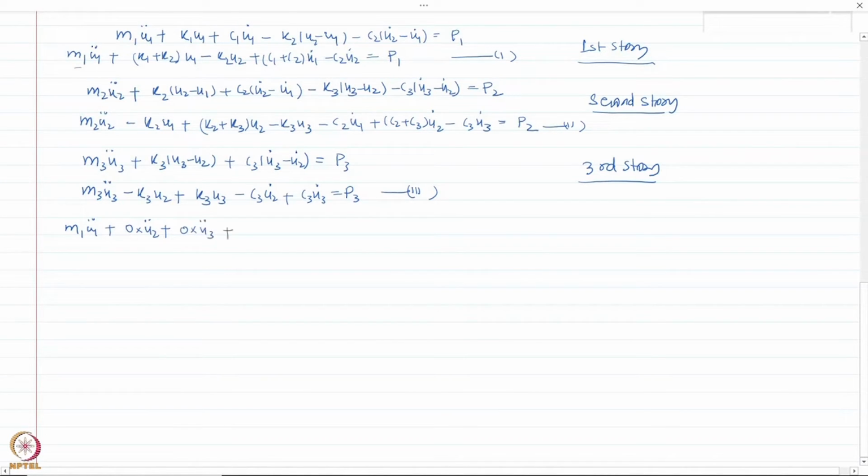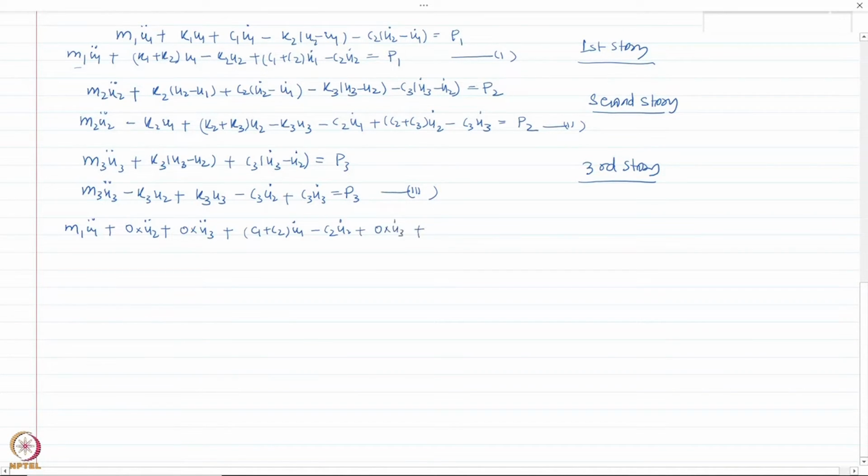Plus, let us first write the damping term, because conventionally we write the damping term before the stiffness terms. In terms of damping, we have C1 plus C2 times u1 dot, and then the coefficient of u2 dot, which is minus C2, and there is no coefficient of u3 dot, so I'm just going to write 0.